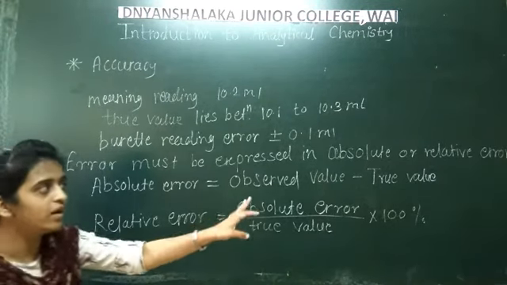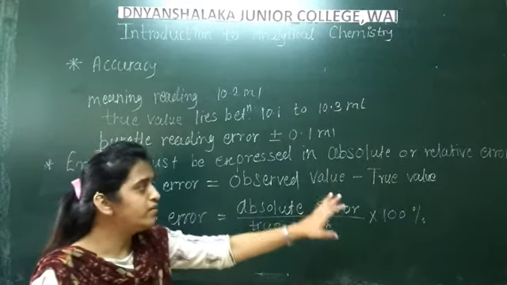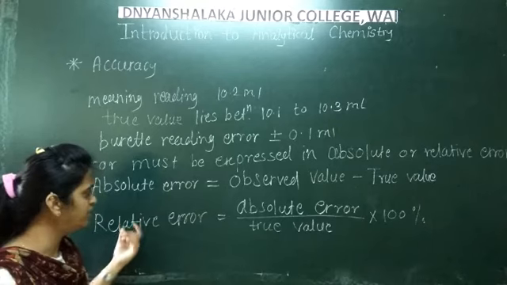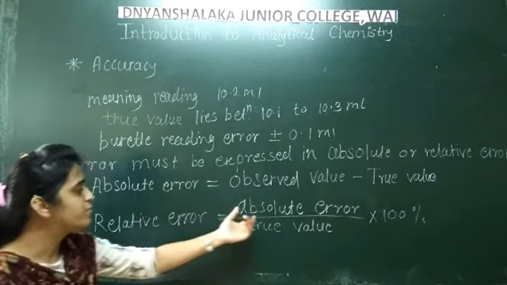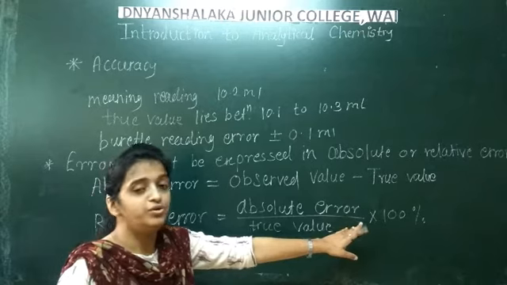Error must be expressed as absolute or relative. Absolute error means observed value minus true value. True value is the accepted value of any measurement. Relative error means absolute error upon true value into 100%.